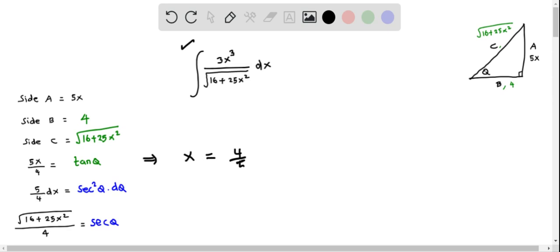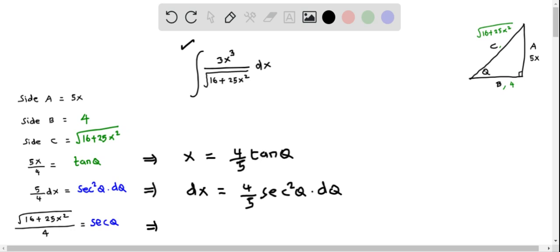When I do that, I get x equals 4 fifths of tan theta. And here also in this expression, I'm going to solve for dx. So dx equals, I have to multiply by 4 and divide by 5. When I do that, I get 4 fifths of secant squared theta d theta.